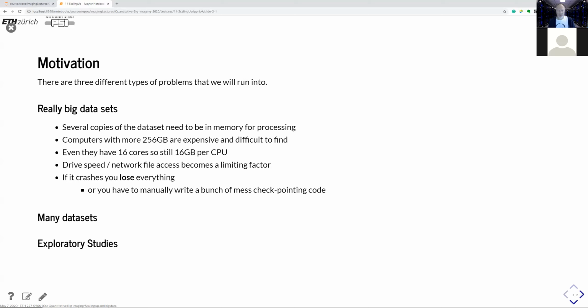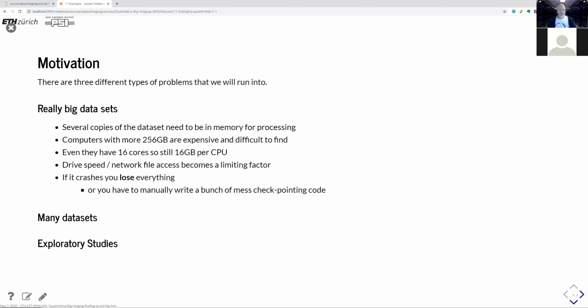On your normal desktop workstation, you may have 64 gigabytes if you're going in the luxury line. Otherwise, groups usually have dedicated workstations with more memory for bigger processing. Also, many computers don't have more than 16 cores, and in the case of 256 gigabytes, that would give about 16 gigabytes per CPU if you split it up.